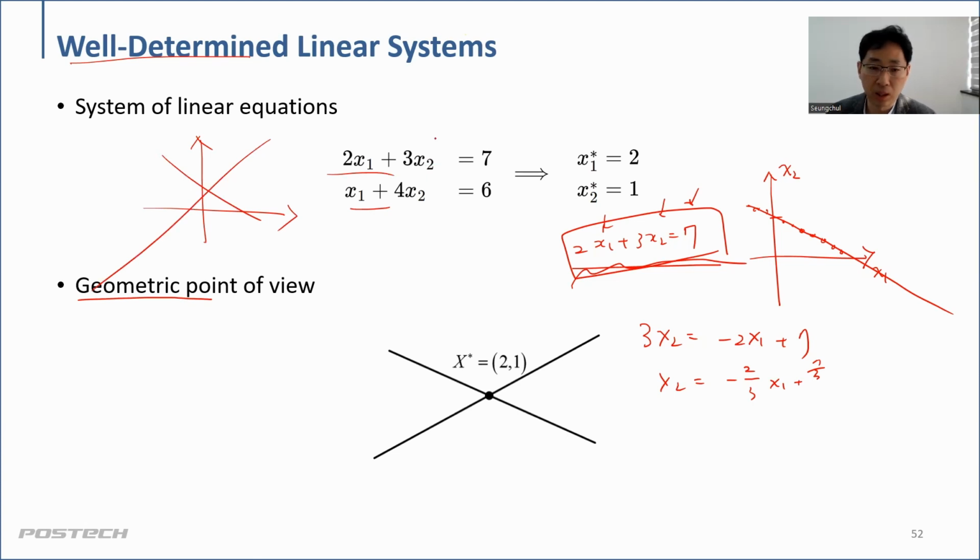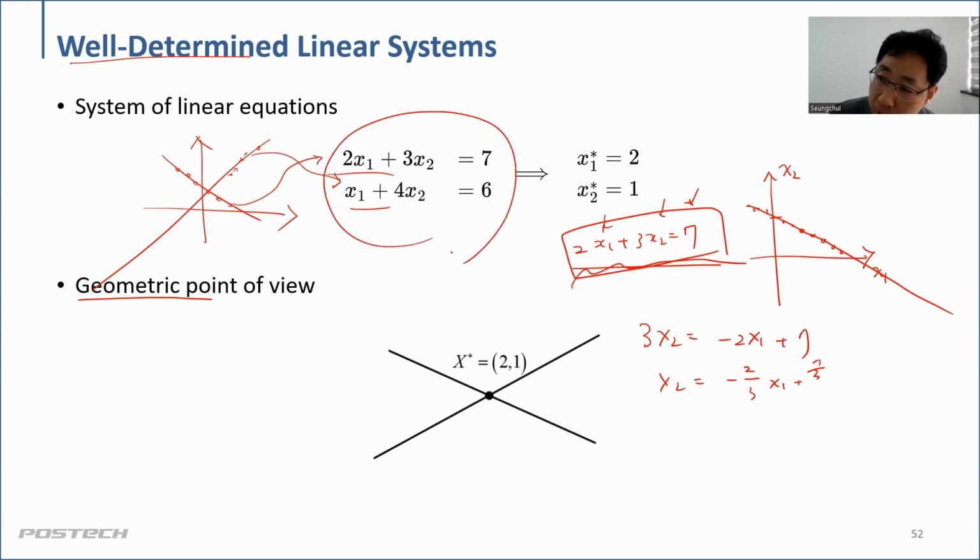Suppose these points satisfy the first equation, and these points satisfy the second. What we want to find is something that satisfies both equations at the same time. Then there is only a single point, and that's going to be the solution.